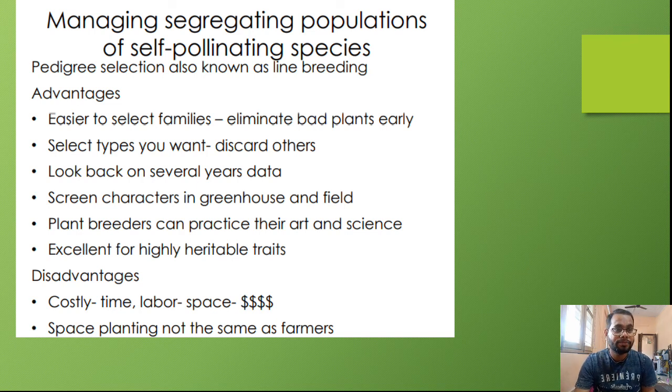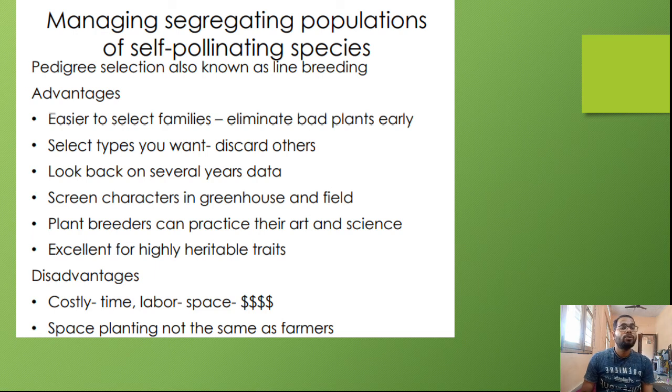This is very good. But in other methods, such as the SSD and bulk methods, we are not maintaining this type of record. After we forget, we cannot know which parent this plant was selected from.